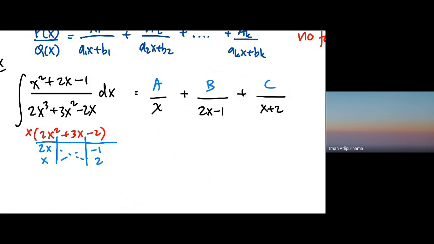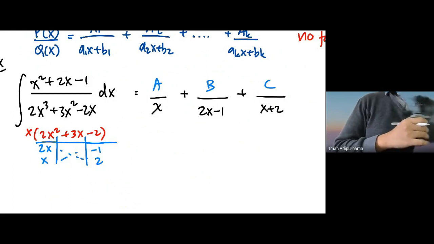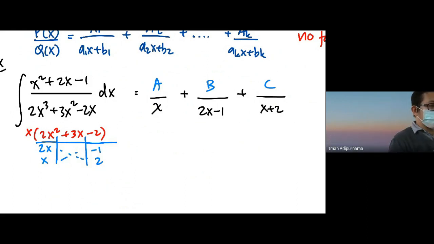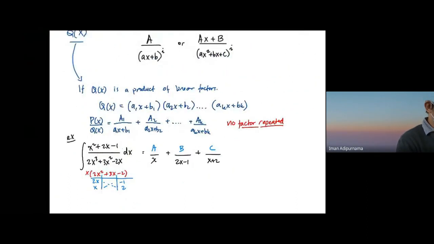And how to find the A, B, C is practically similar to the previous one. We need to do some calculations and solve the system of linear equations. That's the first case. So this is case one.